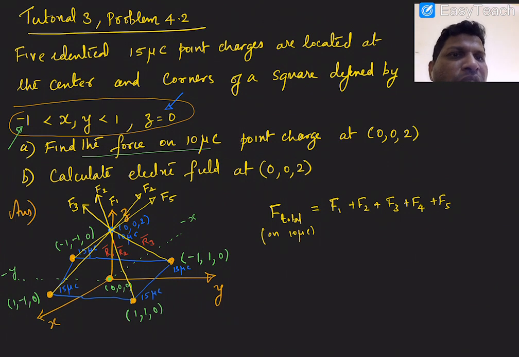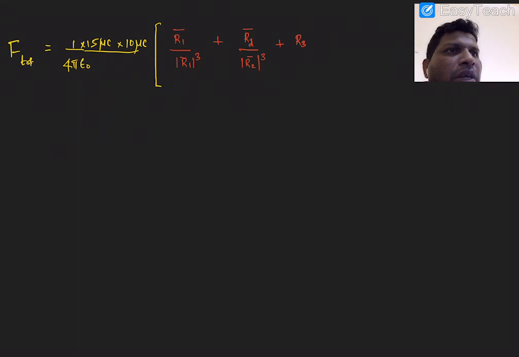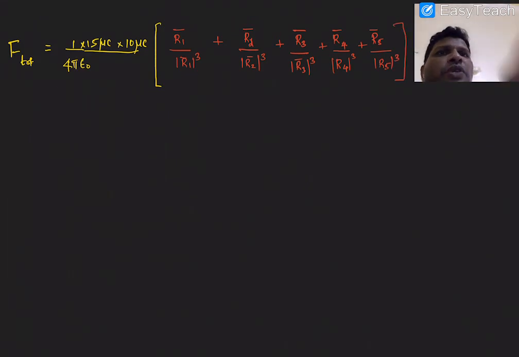It is the vector pointing from this particular point to the location where the other charge is located. So it will be R3 divided by the magnitude of R3 the whole cube, plus similarly you can write R4 divided by magnitude of R4 the whole cube, plus R5 divided by the magnitude of R5 the whole cube. So this is the formula.